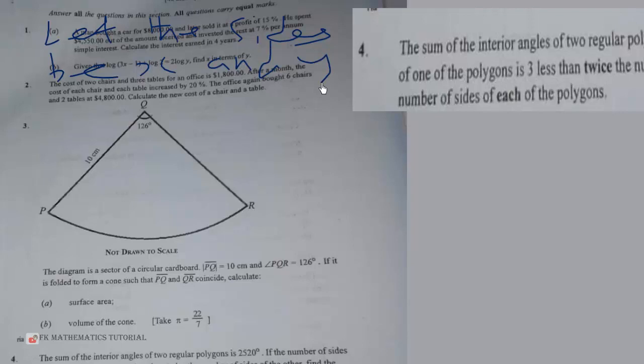So if the number of sides is x, then the interior angle sum will be x minus 2 times 180.